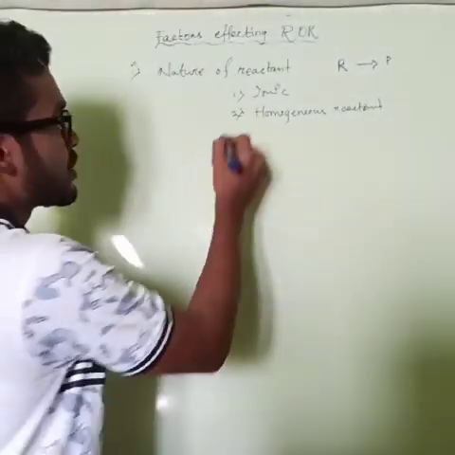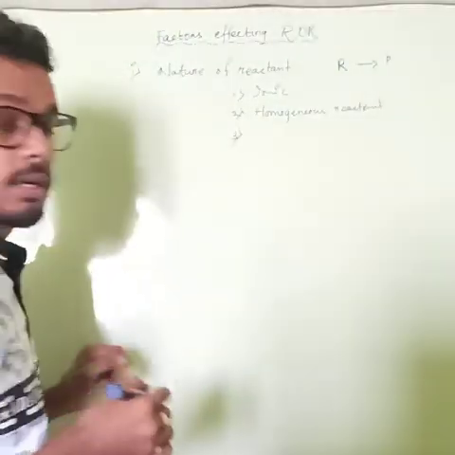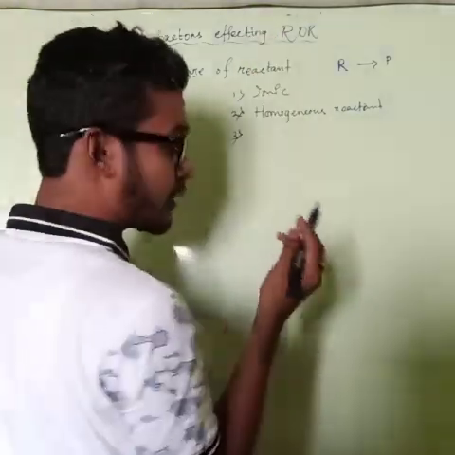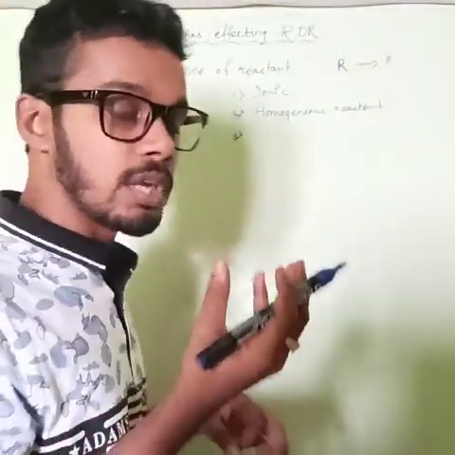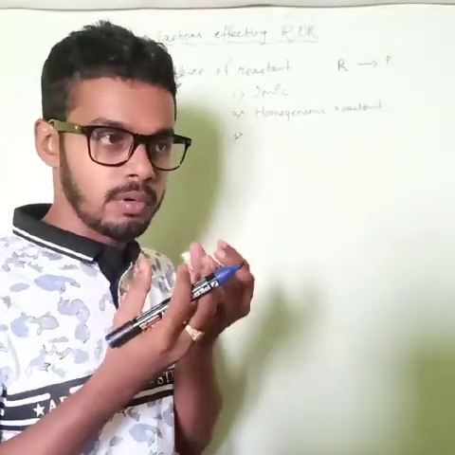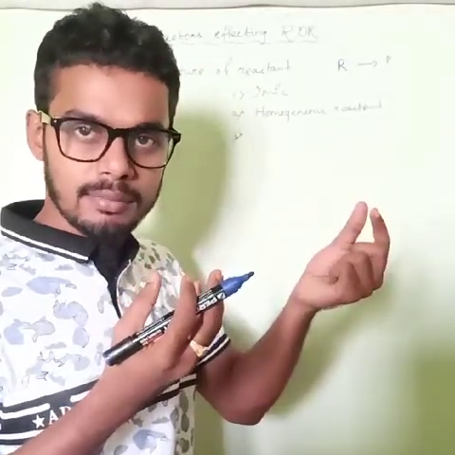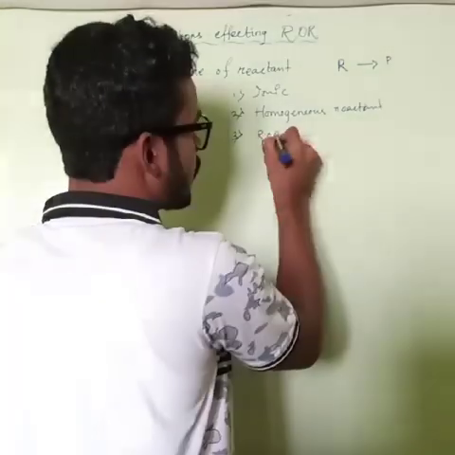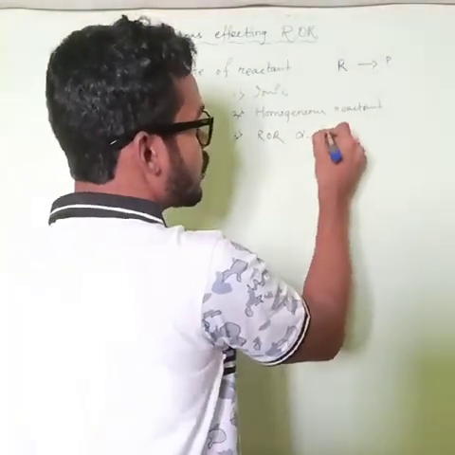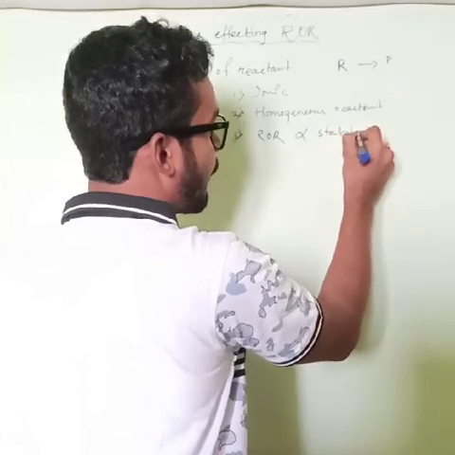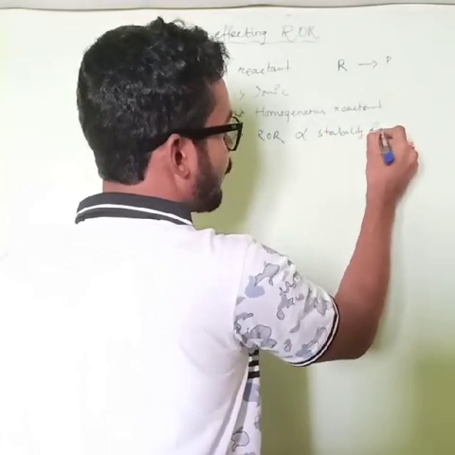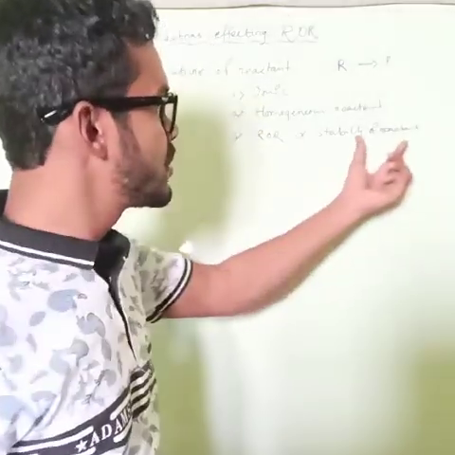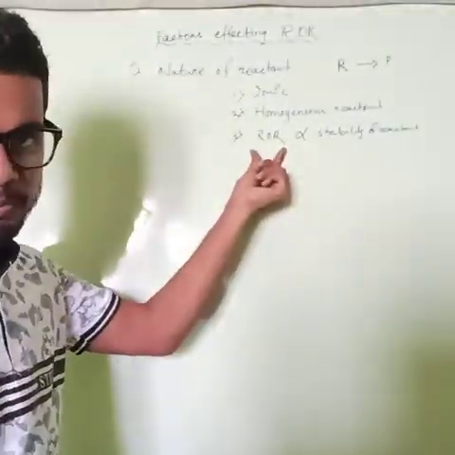And again the stability. Reactant stability. More unstable reactants react very rapidly. Okay, so because ROR or rate of reaction is directly proportional to the stability of reactant. More is the stability, the rate of reaction is more.